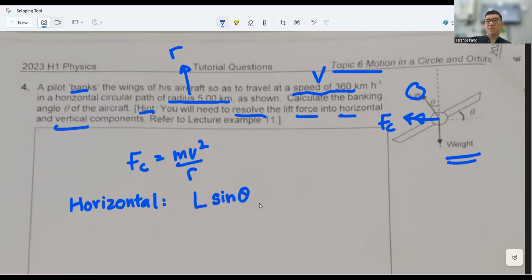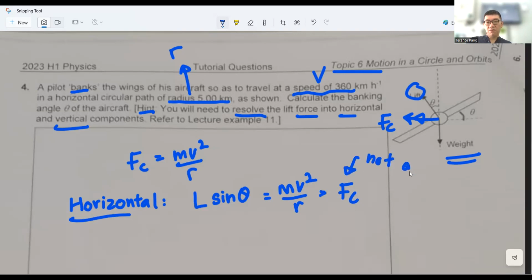L sine theta will then be equal to mv squared over r. The reason is that the horizontal component of the lift force provides the centripetal force. This is not a real force, it's a net force.